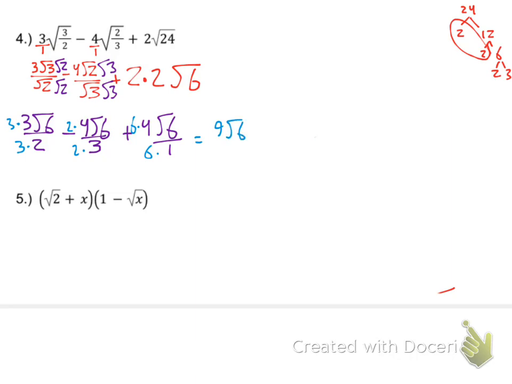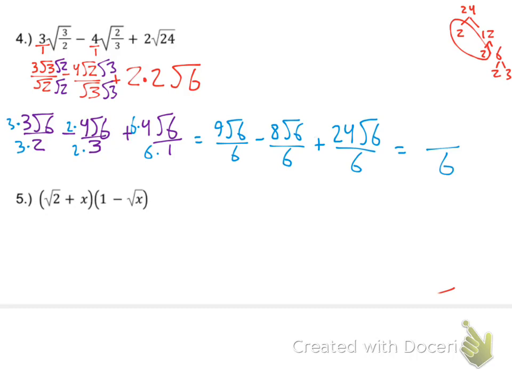So when I go to do this, you get 3 times 3, which is 9 square root 6 all over 6, minus 8 square root 6 all over 6, plus 24 square root 6 over 6. And now they all have a common denominator. So when I put them all together, they will be over 6.